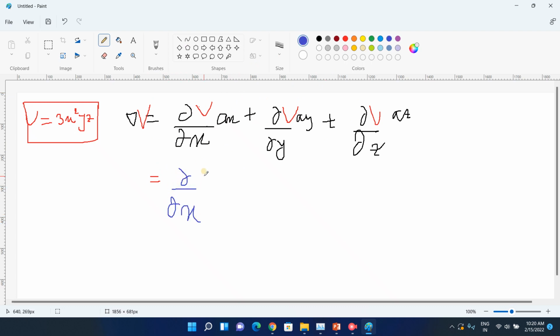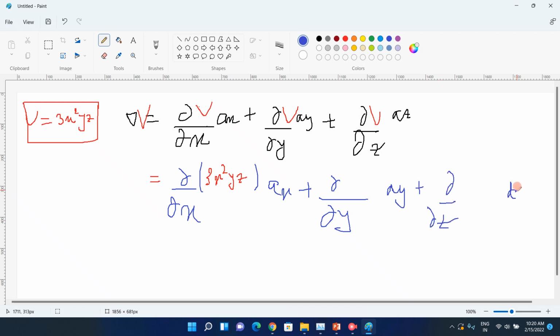So while you are calculating this, what you are doing, you are performing the partial derivative on what? On this scalar, isn't it? You are performing the partial derivative on the scalar, unit vector x, then again del y, unit vector y, plus again del z, unit vector z. So what will be over here? Value of v, 3x square yz.